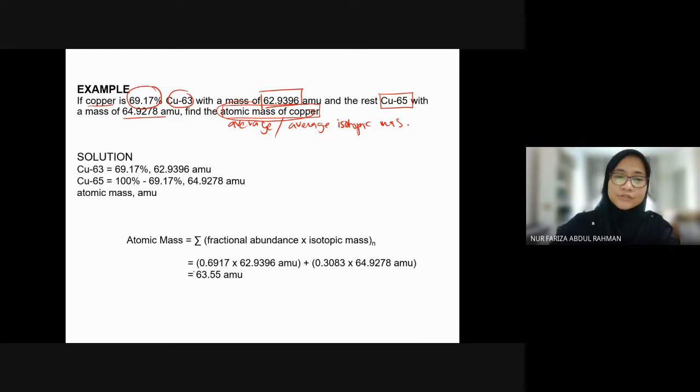So you need to have the fractional abundance. 69.17 over 100, you will get this value, times the mass number, plus the fractional abundance for copper 65. This is for copper 65. So this is the final answer.